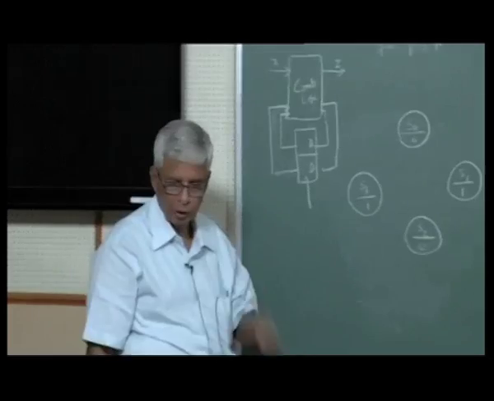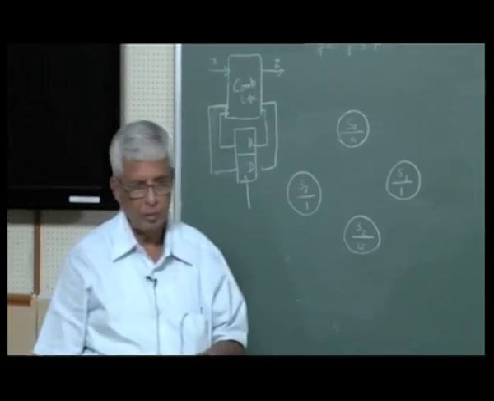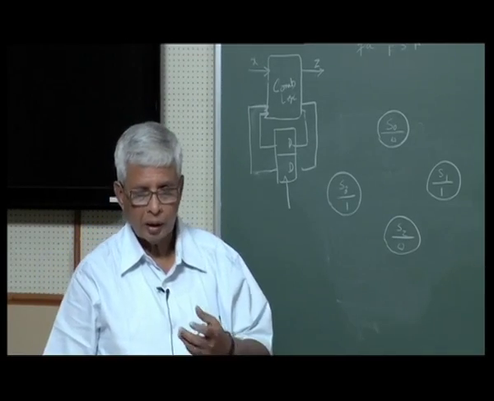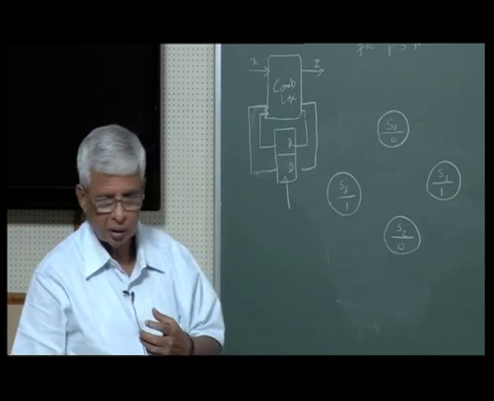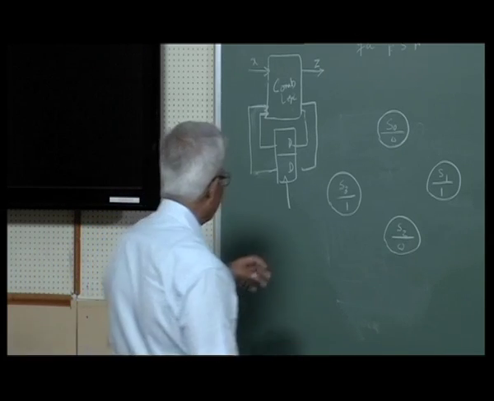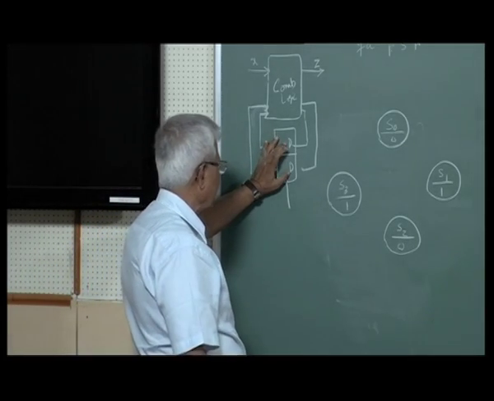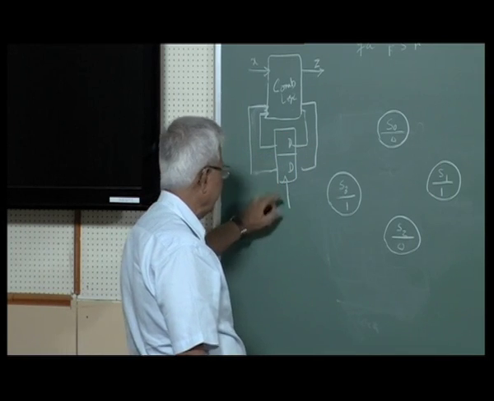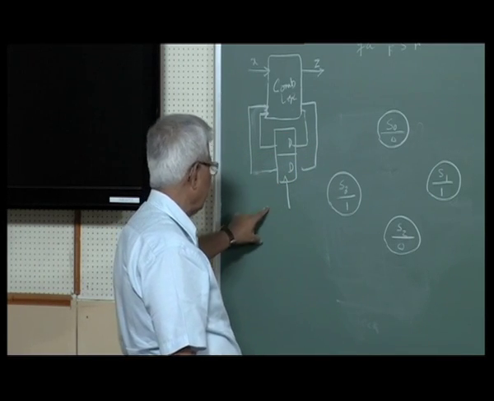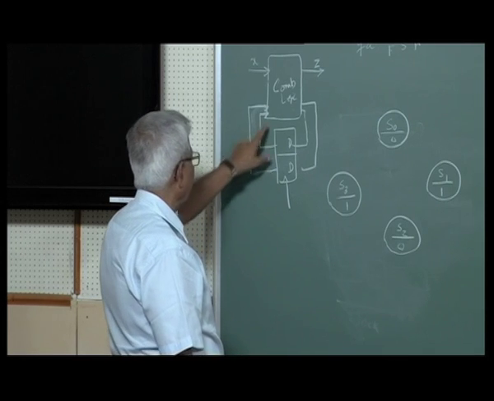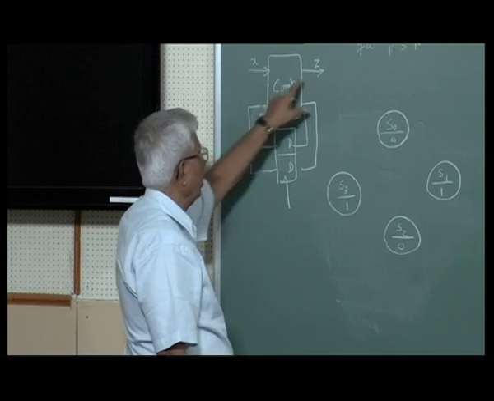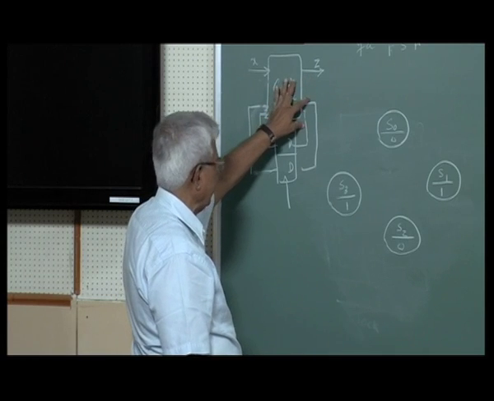So the present state and next state will happen after some time, depending on the clock frequency. Until the clock time expires, this has to be held here. So the D flip-flop will take the next value, store it, and when the next clock comes, pass it on to this. So this will be the present state, input, output and next state here.